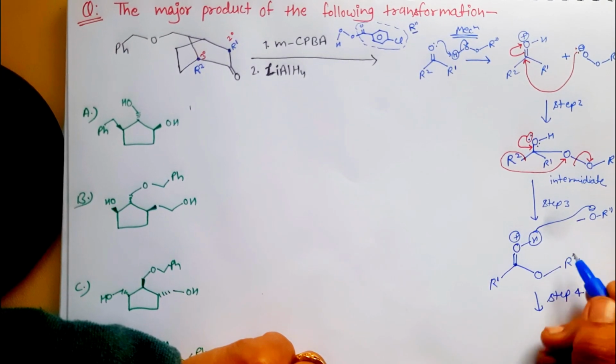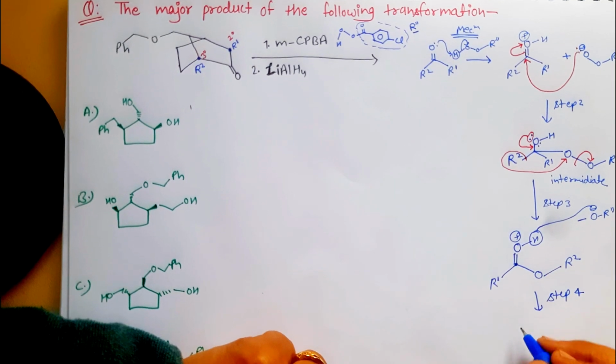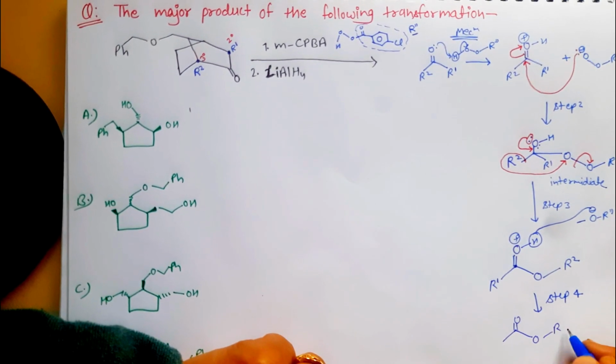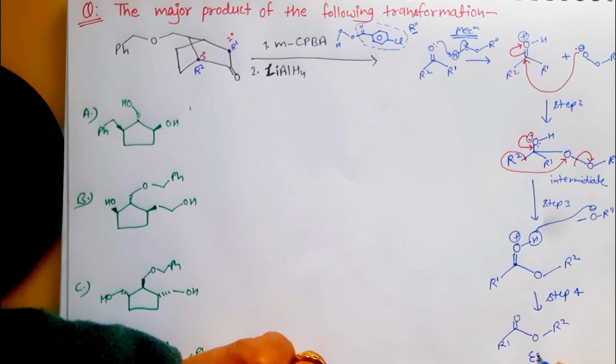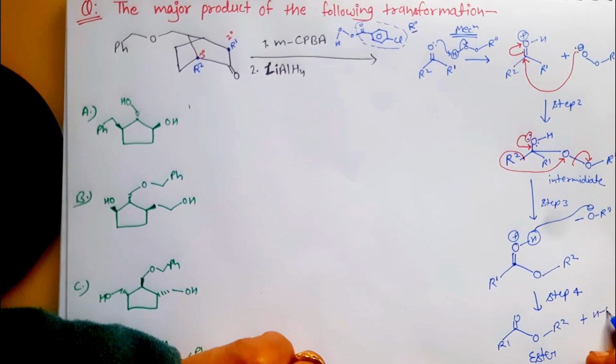After this acid base reaction, we get one ester and one carboxylic acid.